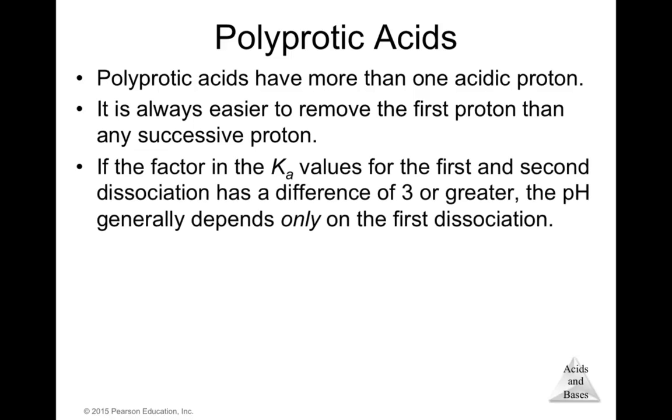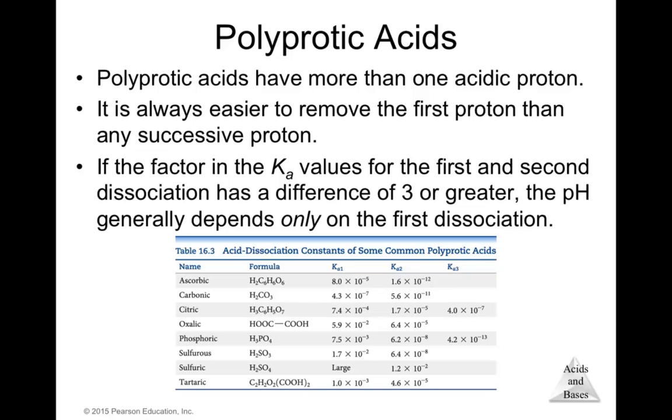If the factor in the Ka values for the first and second dissociation has a difference of 3 or greater, the pH generally depends only on the first dissociation. So if we have a compound that has two acidic protons, and the difference in Ka between them is 3 or greater, that means that the pH is going to be dictated by the first dissociation.